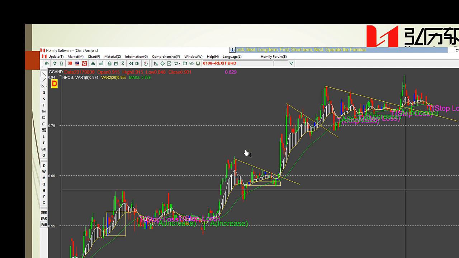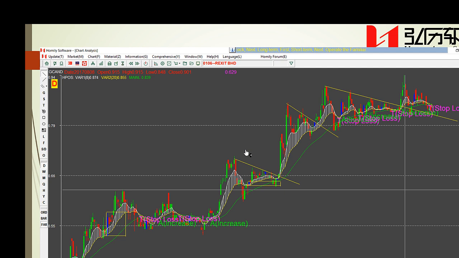Here we can see this one is like the first buy point, an increase and also the bottom catch signal, and increase. After that, we can see here also this blue candlestick. When the blue candlestick appears, it means the bottom catch signal appears.